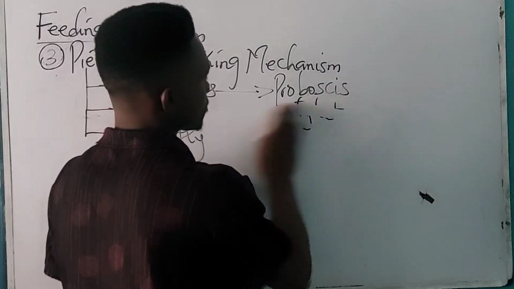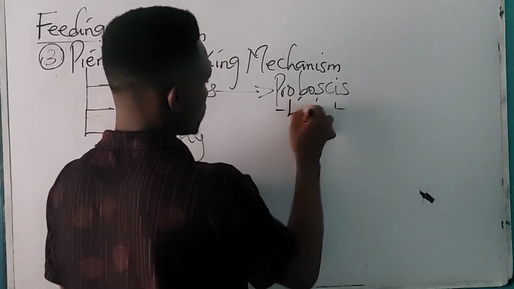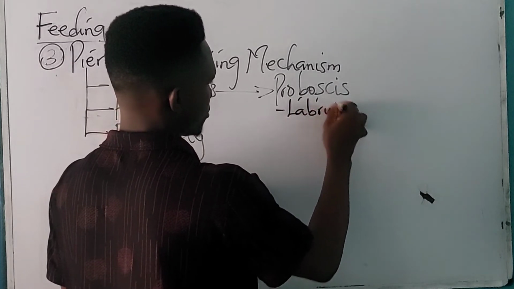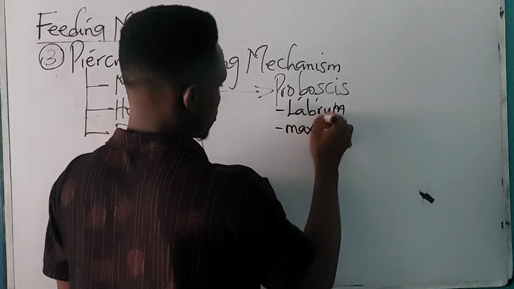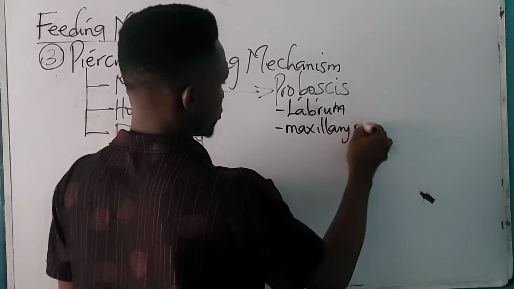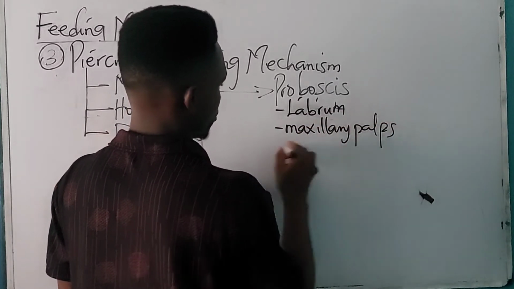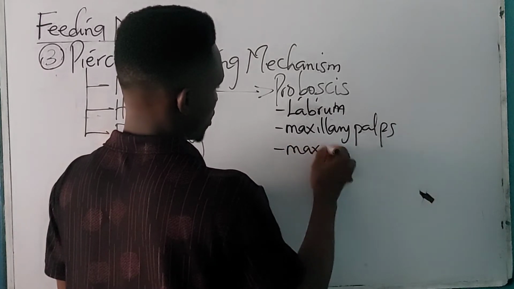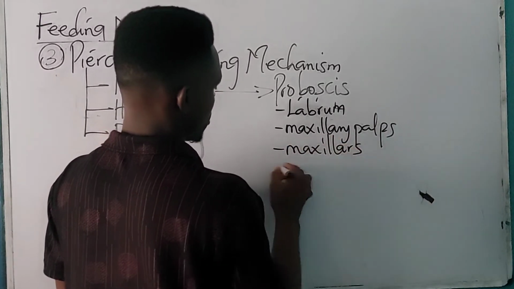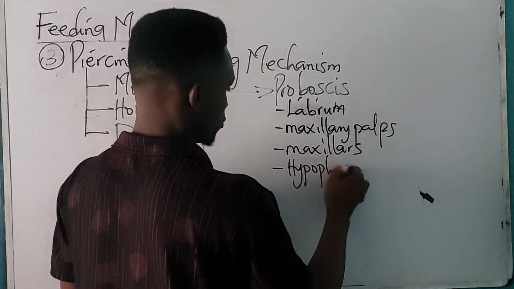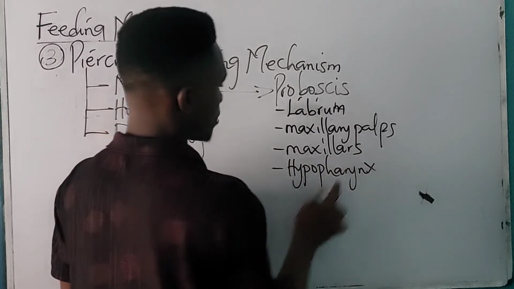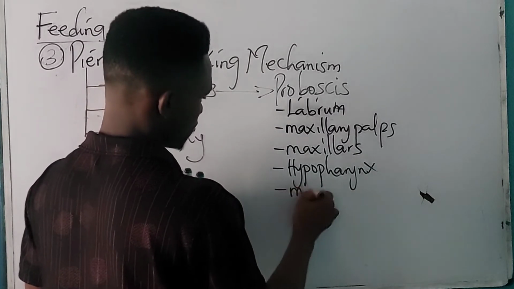Now, number one, they have the labrum. Two, they have the maxillary palp. They have maxillae. They have the hypopharynx, and they have mandibles.